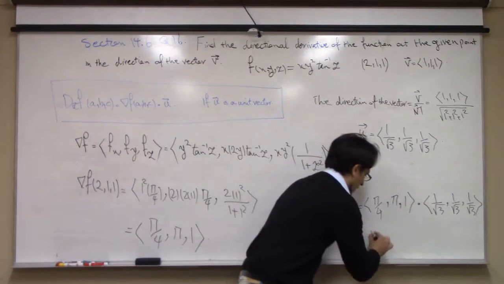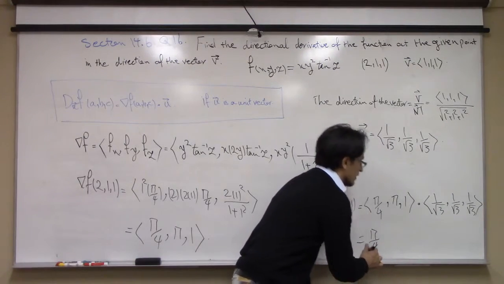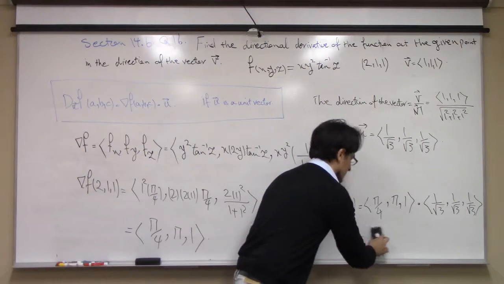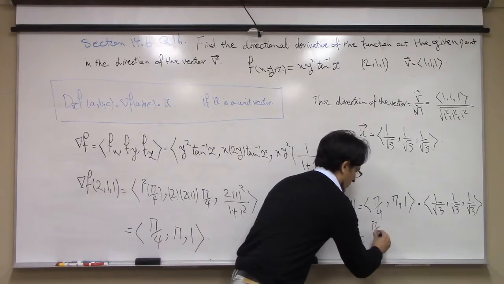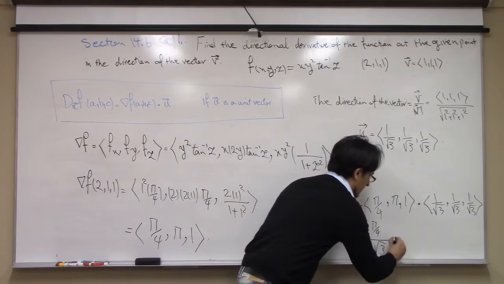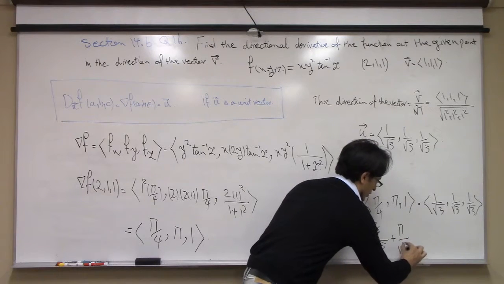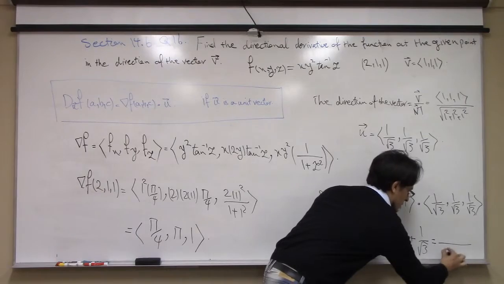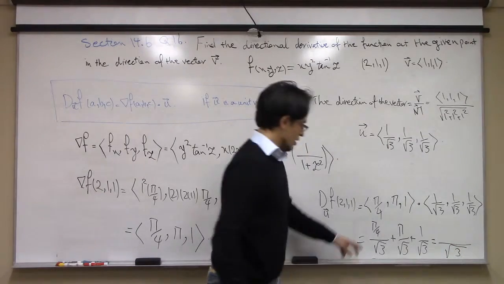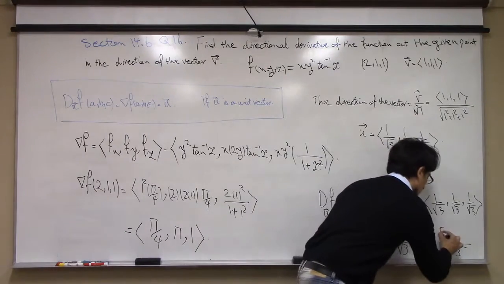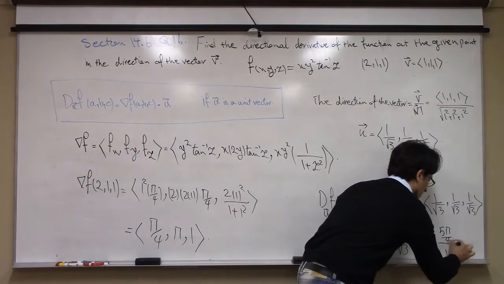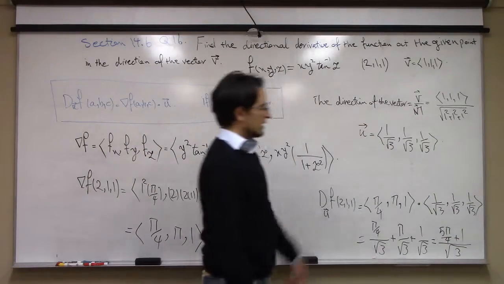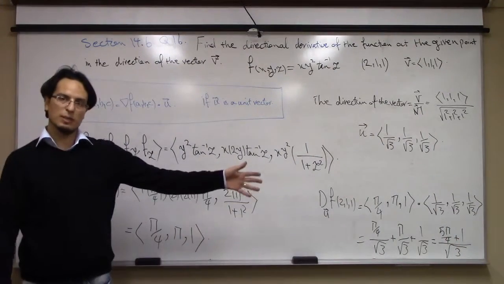So it's pi over 4 over root 3 plus pi over root 3 plus 1 over root 3, which gives me 5 pi over 4 plus 1, all over root 3. I can simplify more, but that's what we need.